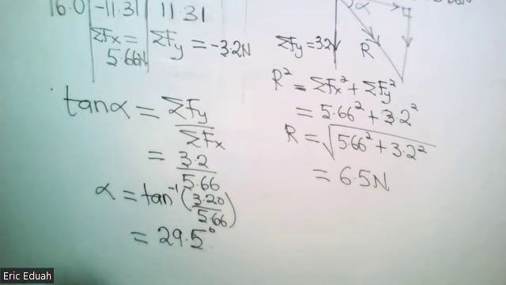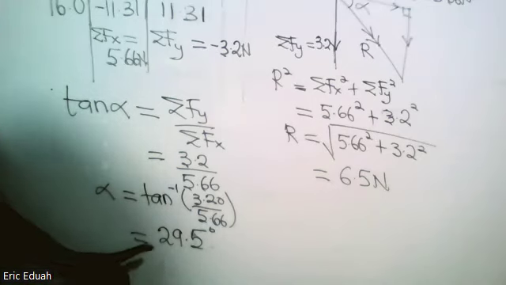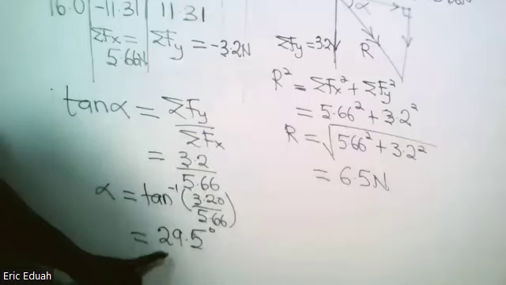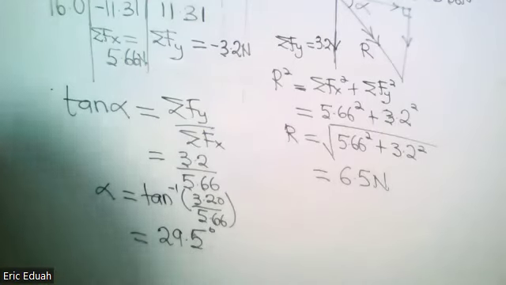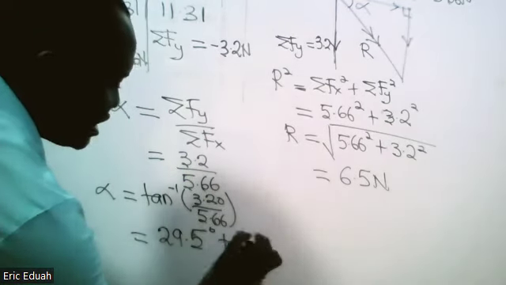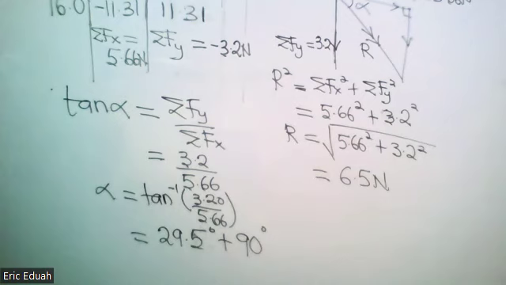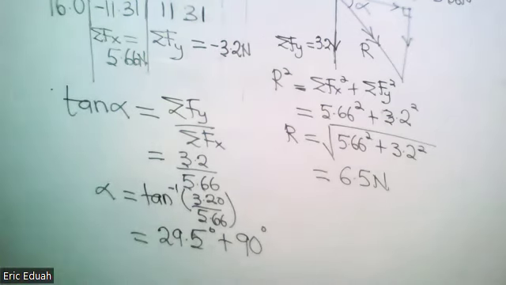But since we are taking our angular measurements from the north, we can say that the direction of this is 29 degrees from the east, or when you add 90, this will be the direction of the resultant from the north.